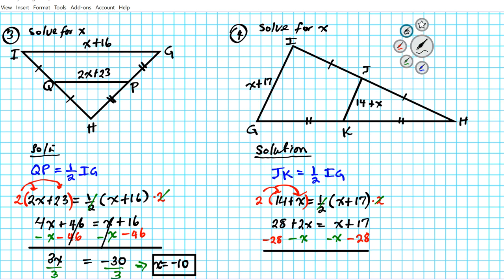So you combine downwards, and then you're going to have 2x minus x is x. X equals, and then this adds up to 0, and then 17 minus 28 is negative 11. And ladies and gentlemen, that is the answer to question number 4.